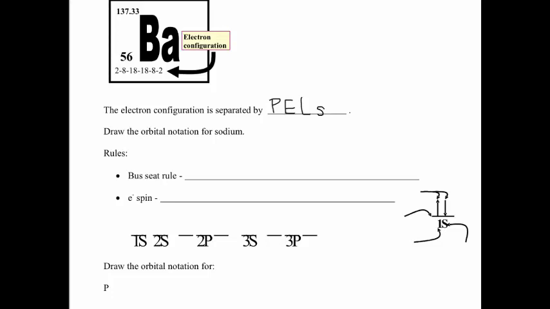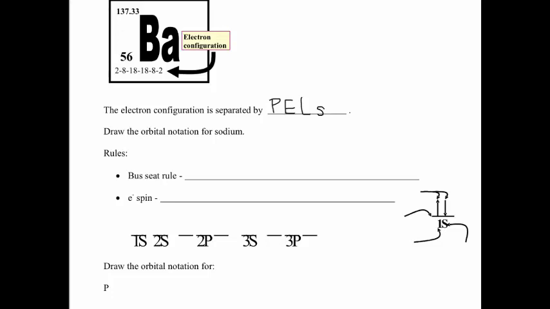If you were getting on a public bus and there were people sitting by themselves in some seats and there were some open seats, you would not sit next to somebody as long as there was still an open seat. And we call it the bus seat rule because it's like that. If an electron is sitting in a seat, but there's an open seat, the new electron will actually go and sit in the open seat. They won't sit with another electron unless they're forced to.